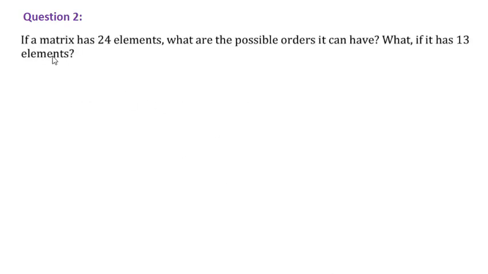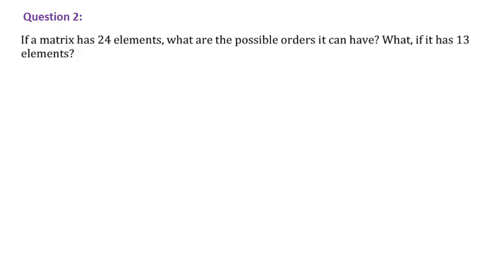If the matrix has 24 elements, what are the possible orders it can have? What if it has 13 elements? Now first discuss about 24 elements. When we have 24 elements present in our matrix, then in how many different ways can I arrange them in number of rows and columns?